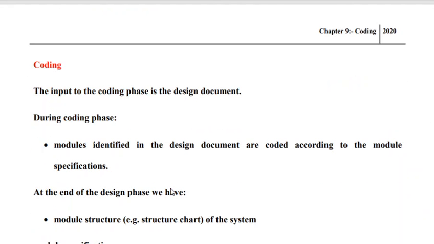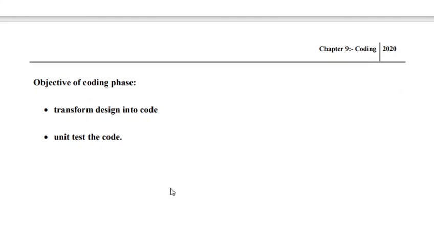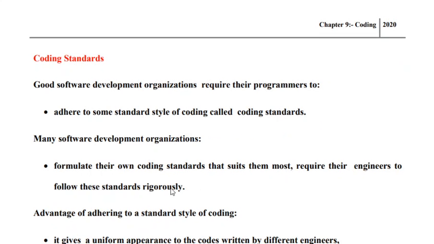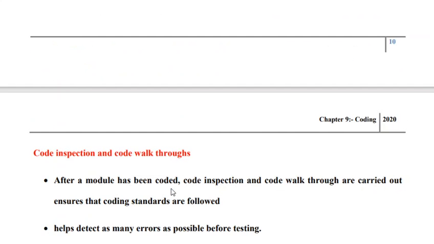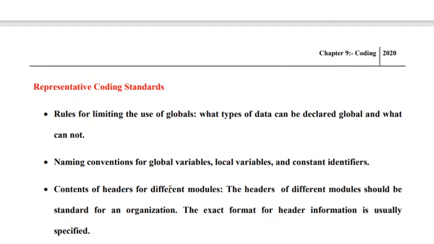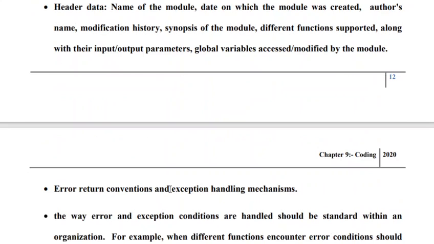Then we focused on coding and the importance of coding, the objective of coding, the importance of coding standards, and coding guidelines. We learned about code inspection and code walkthrough, and why we need them before the onset of the testing phase. And we learned about some of the representable coding standards, right?